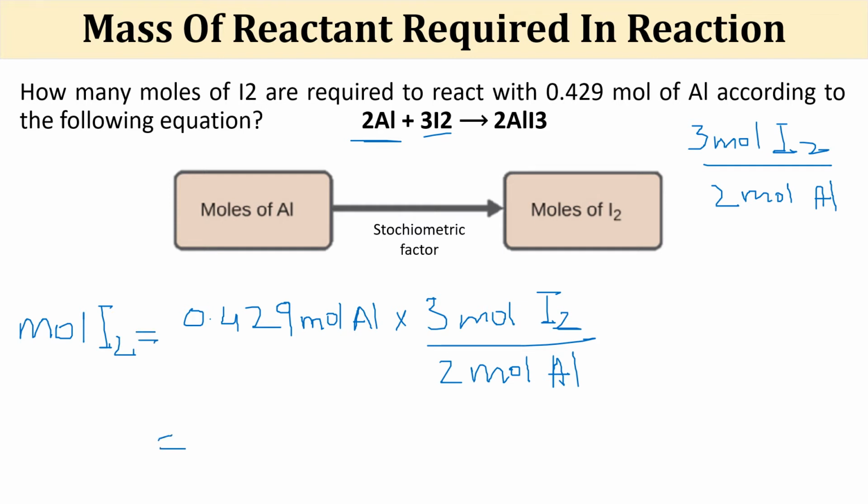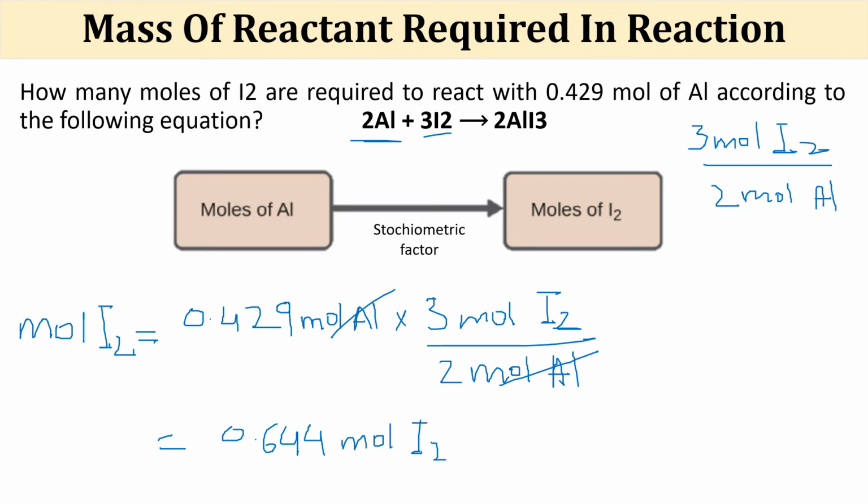So if we multiply 0.429 moles of aluminum by 3 moles of iodine over 2 moles of aluminum, the stoichiometric factor, we are going to get 0.644 moles of I2, iodine.